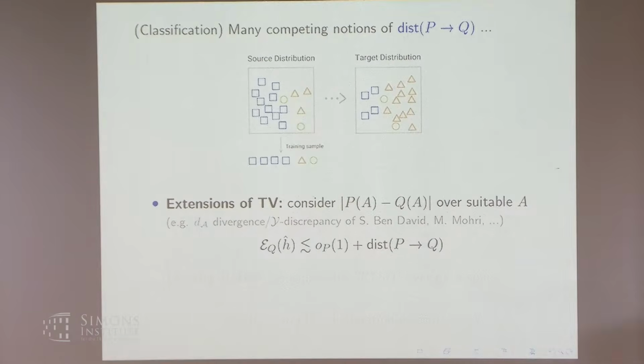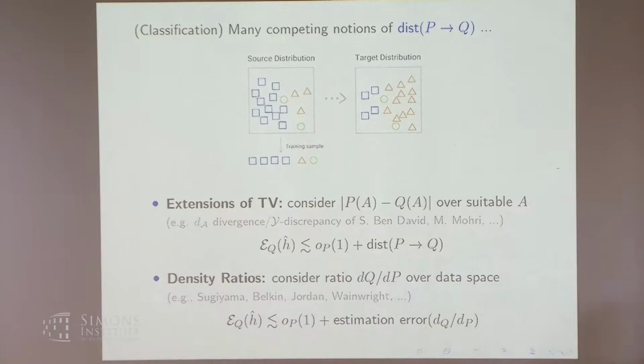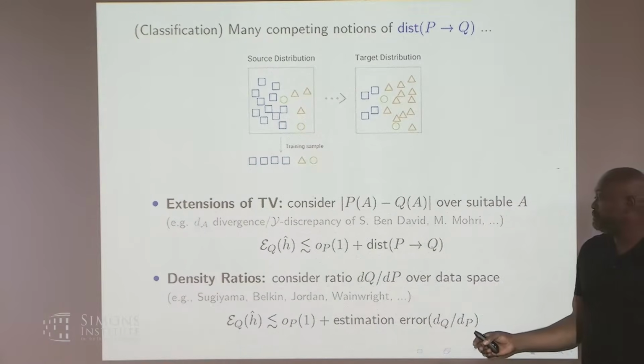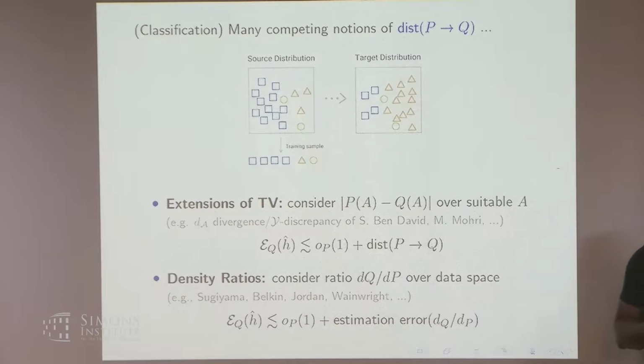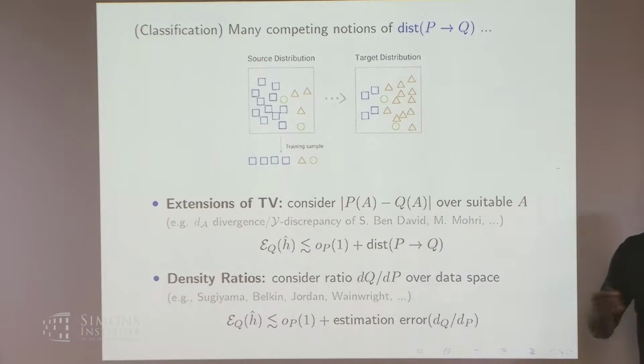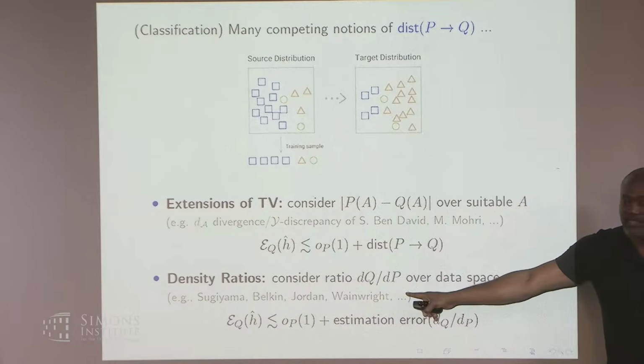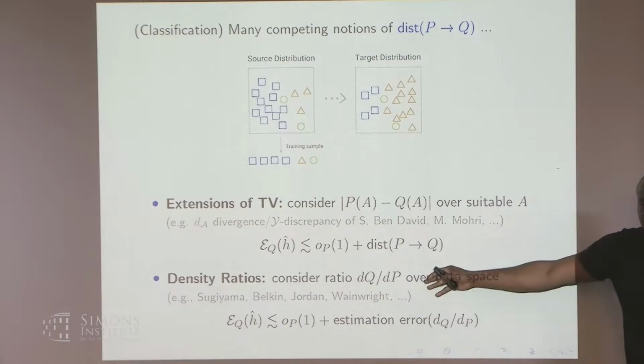All right. So then there are density ratios, things that have to do with divergences and such. And often this is due to algorithmic reasons. If I could estimate this density ratio, I should be able to estimate the risk under Q from just data from P by importance sampling, right?